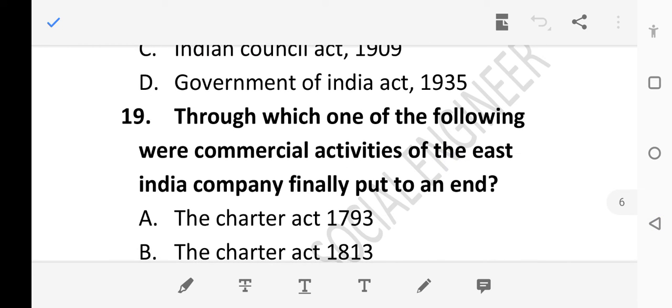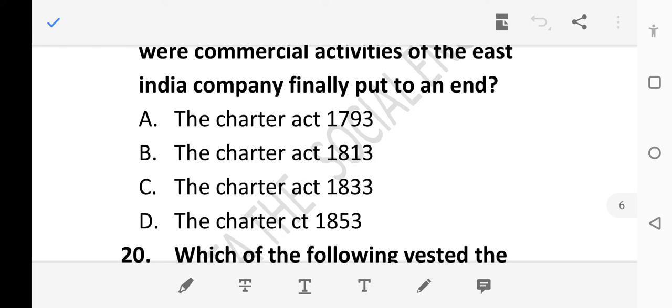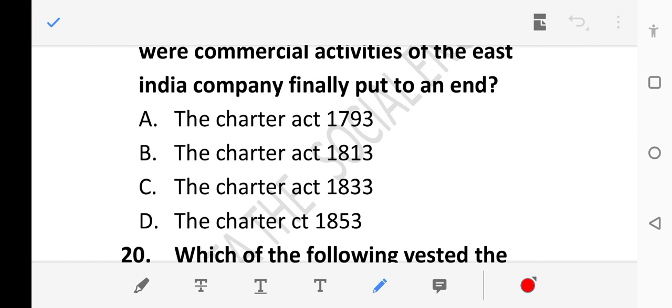Next question. Through which one of the following were the commercial activities of the East India Company finally put to an end? That is option number C, the Charter Act 1833. The commercial activities of the East India Company were finally put to an end.